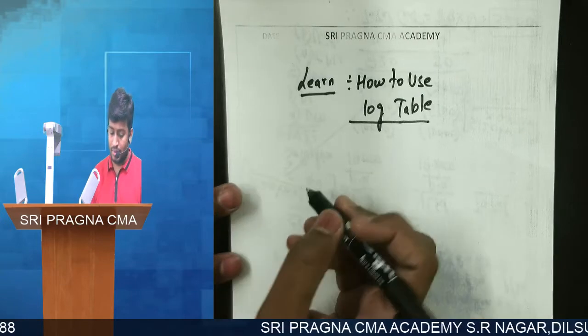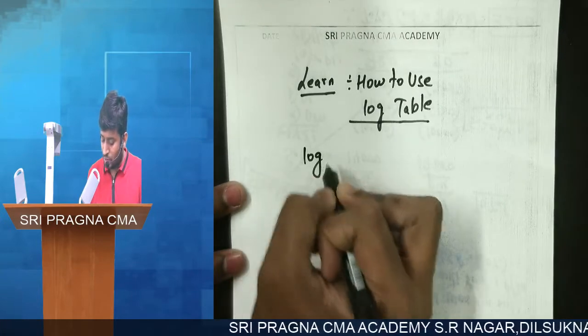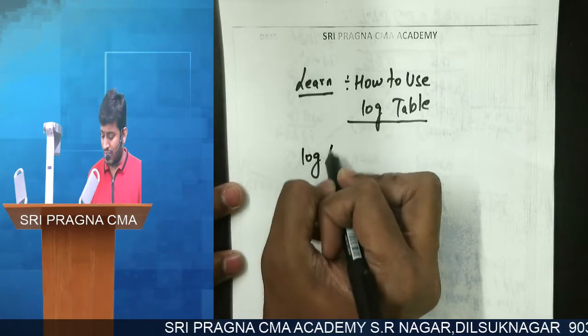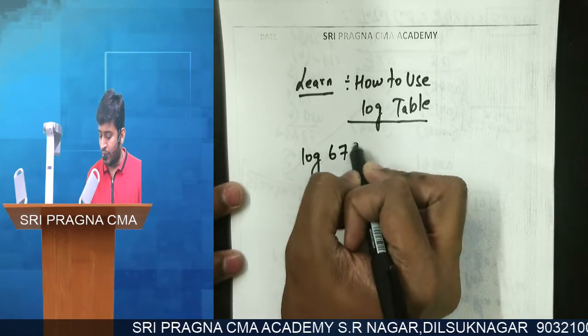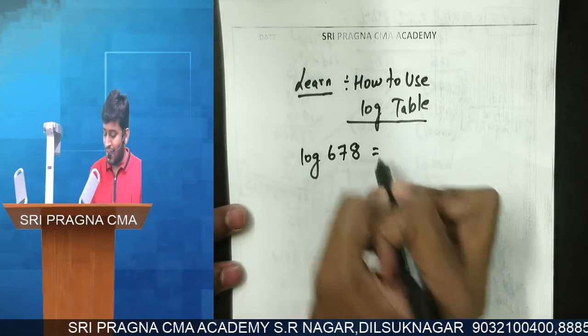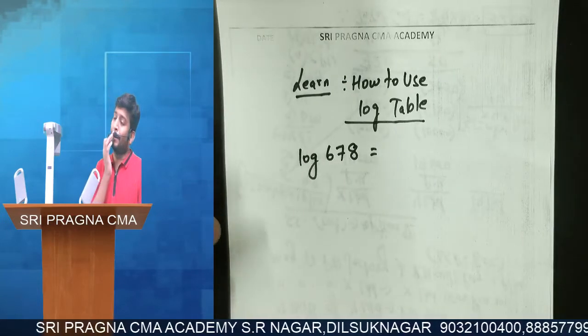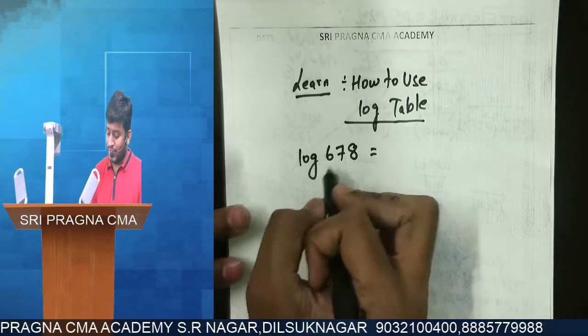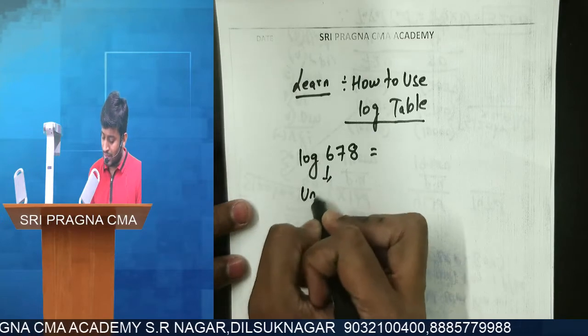For example, tell me any value. 678. I want the value of log 678. Rule number 1.